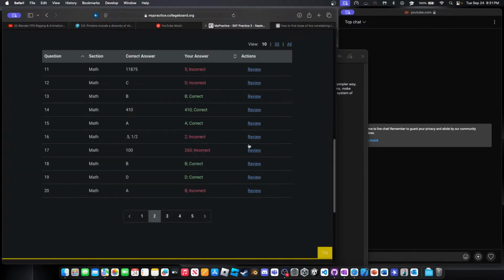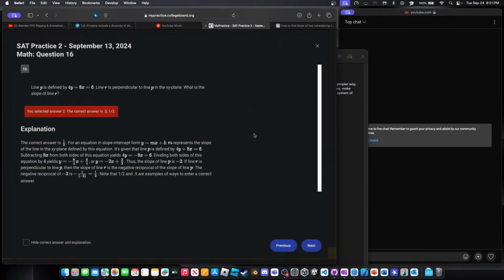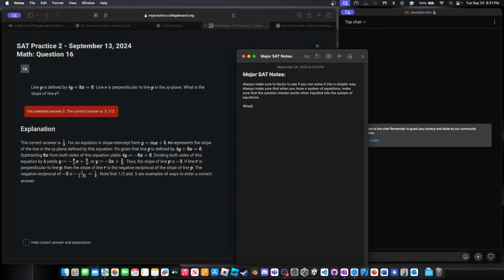Second, let's make sure you have a perpendicular line. The slope of the line that it says it is perpendicular to is always the negative reciprocal.